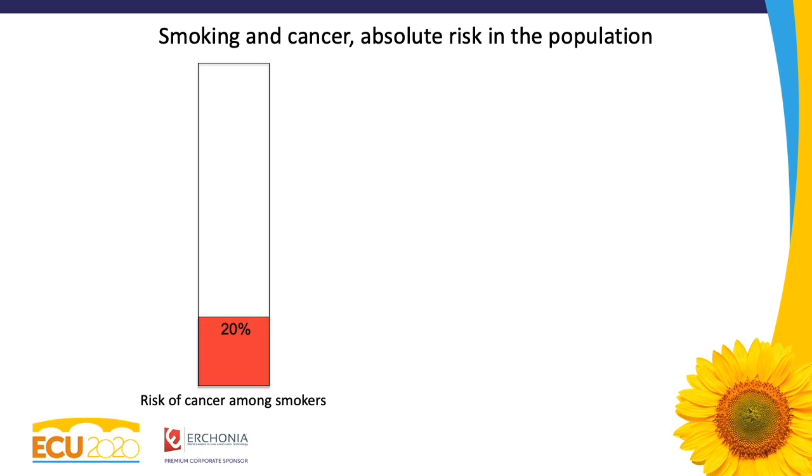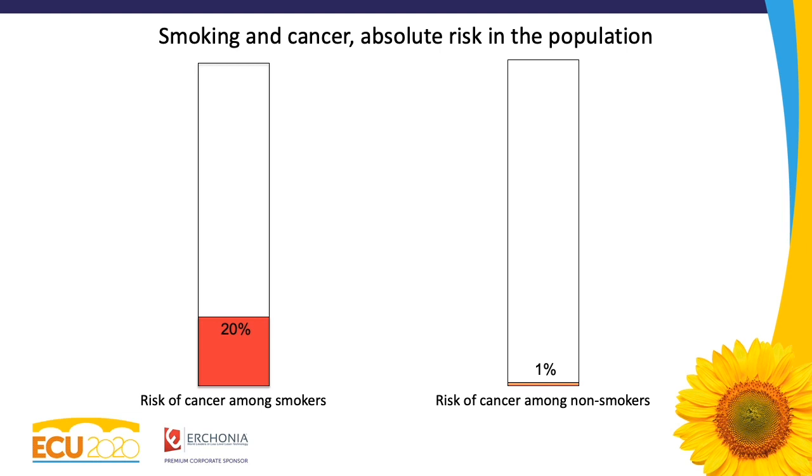Here's an example just of how attributable risk is used. Think about smoking and cancer in the population. About 20% of people who smoke in a lifetime will get lung cancer. About 1% of people who don't smoke or less will get lung cancer.